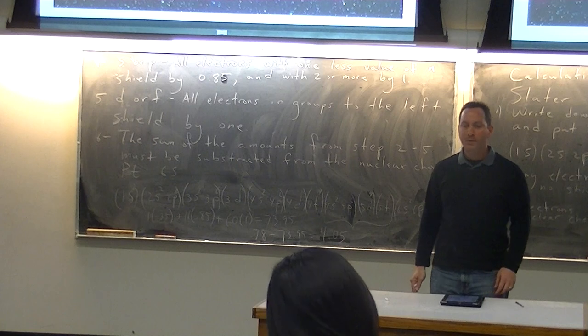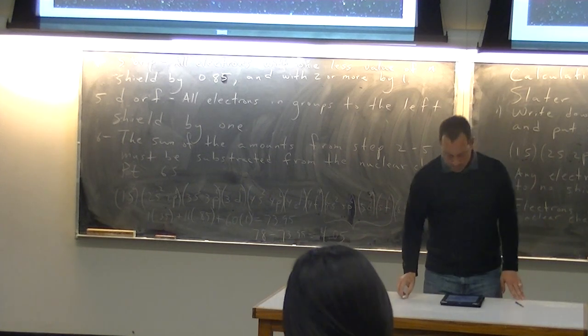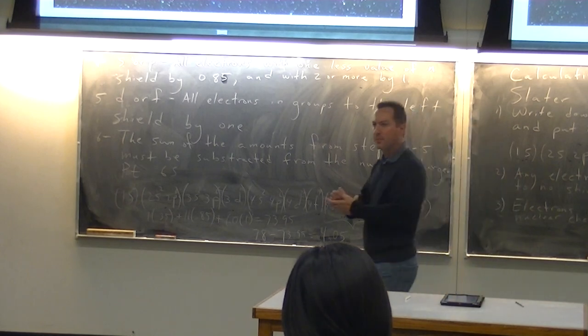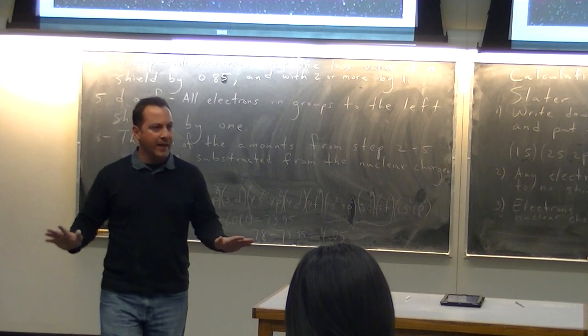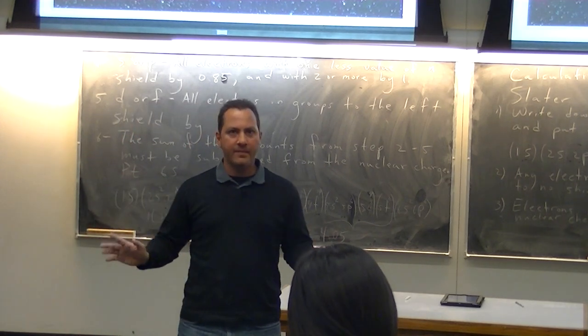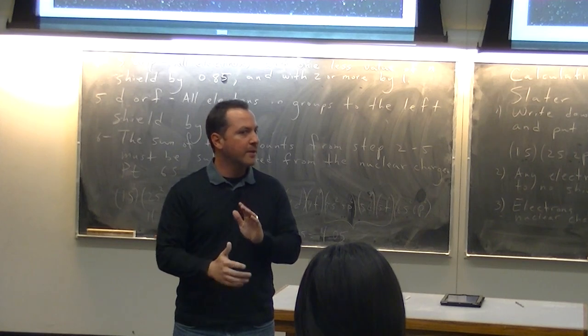So if you got that, then you're right. Any questions? If you have any questions at all, you can ask me, or you can ask Amir, and you will be fine.